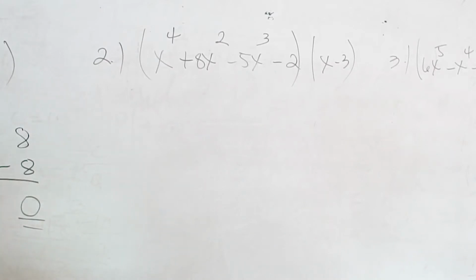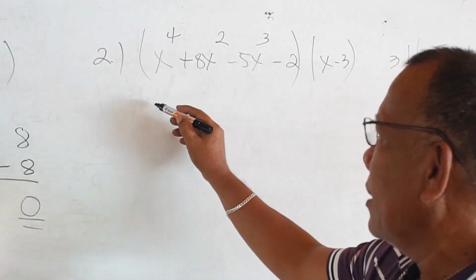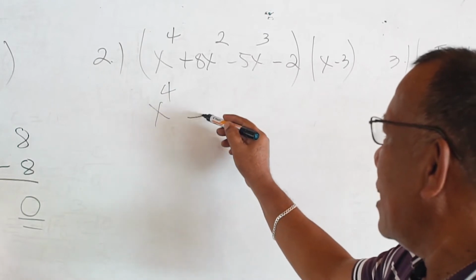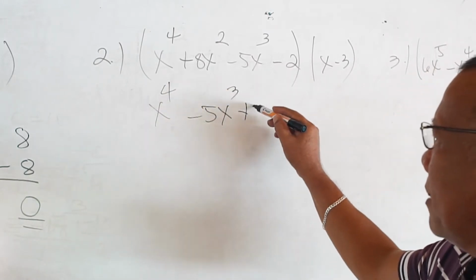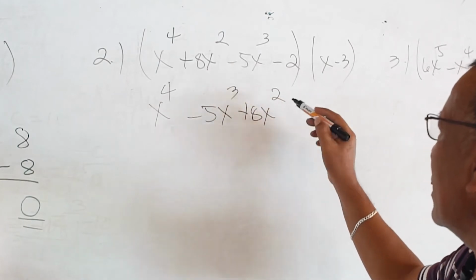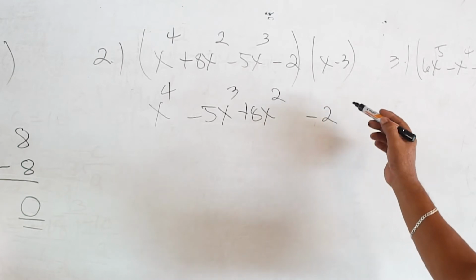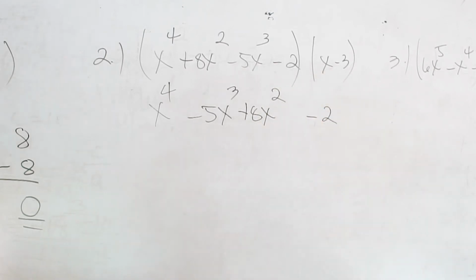Okay, number 2 example. First, you have to arrange in descending order. So we have x to the 4th power, then negative 5x cubed, then positive 8x squared, then negative 2, to be divided by x minus 3.